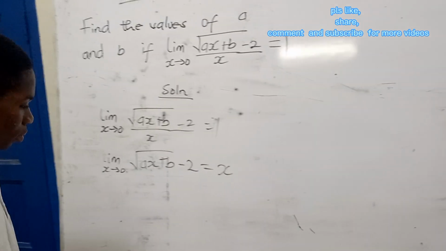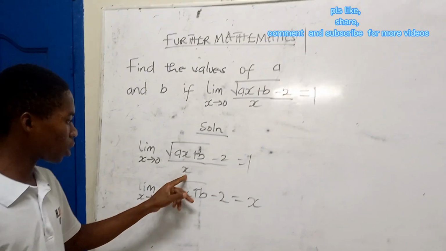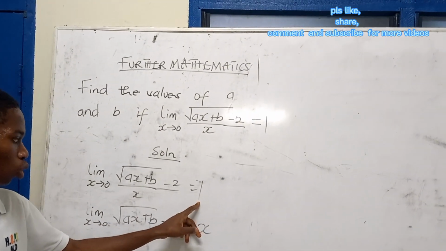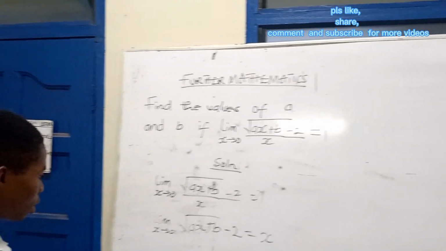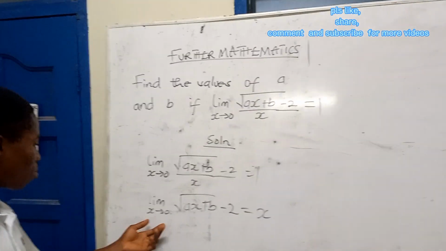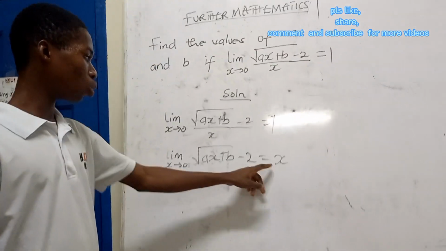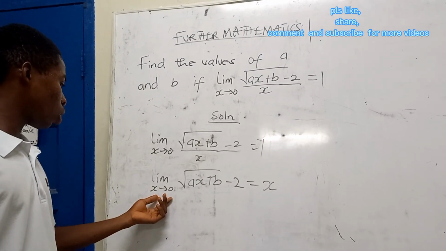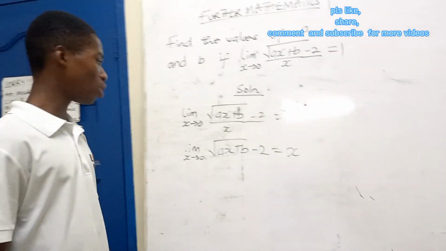What we did is that we multiplied this x by the 1, so it's just a matter of cross multiplication. So we have the limit as x approaches 0, so wherever you see x, we put 0 there.